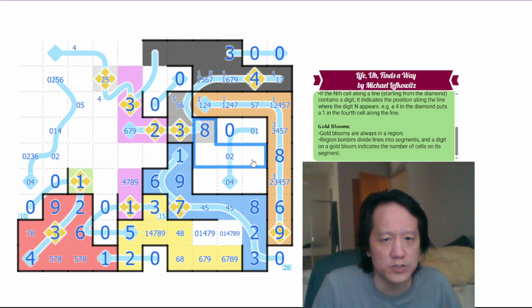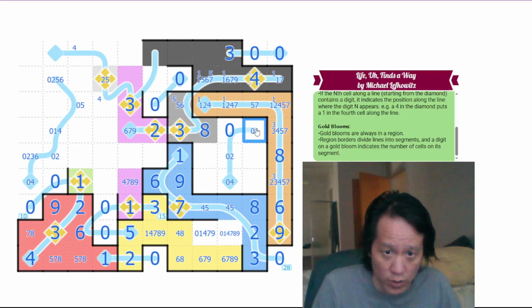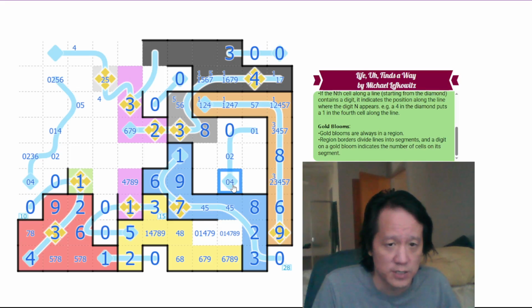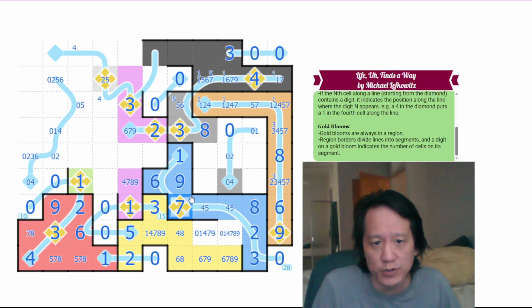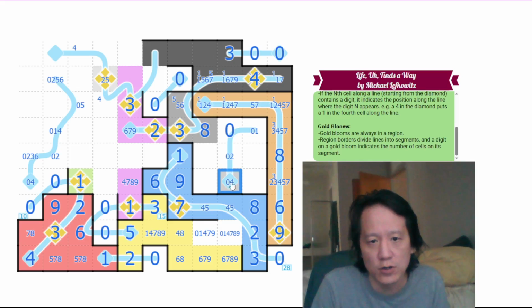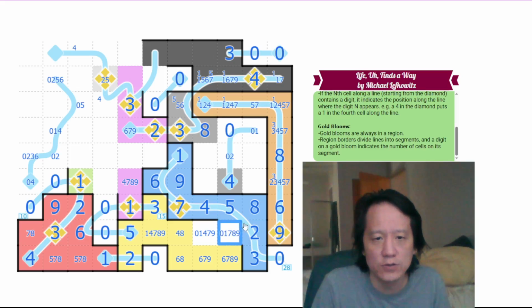If it's not, then this would be 1, signifying that 4 has to be in the first spot, which means that's part of the region. So this is always part of a region, which makes this 4. So this is 4, which makes this 5, which makes that 4. This can no longer be 4. We have to have a 4 in one of these 2 cells there.